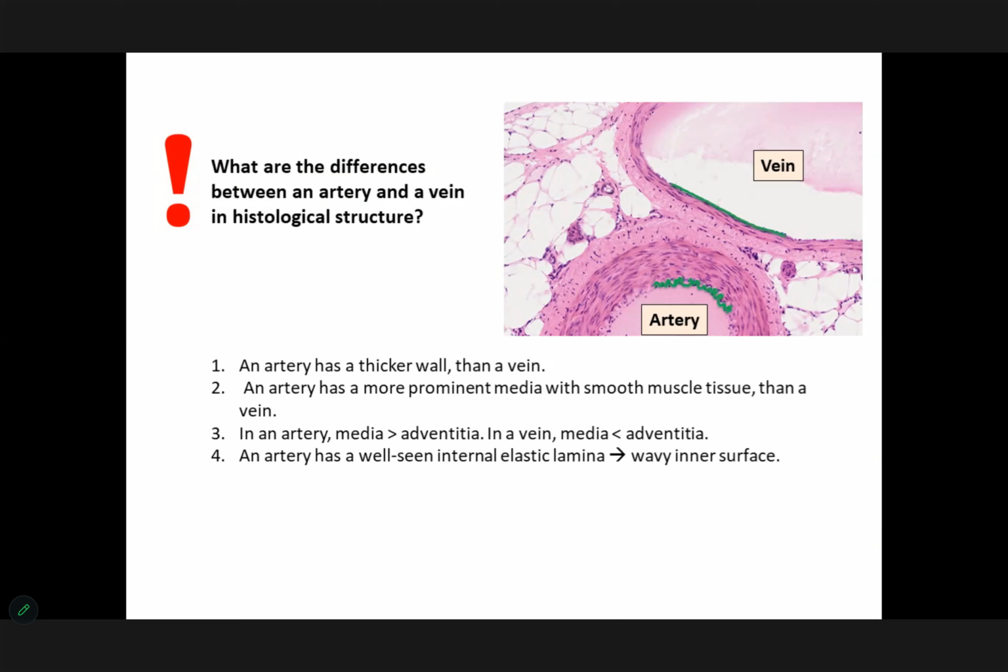And in vein, we can see the flat surface without any waves, because in veins we have no elastic lamina. And also vein may have valves that prevent backflow of blood, but not in this histological picture. But you should know all these differences between arteries and veins.